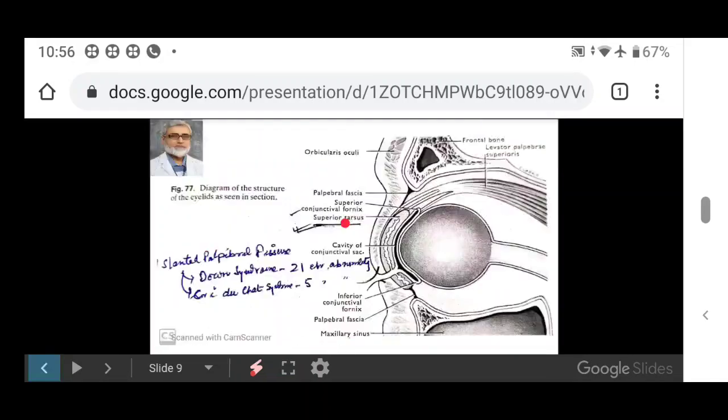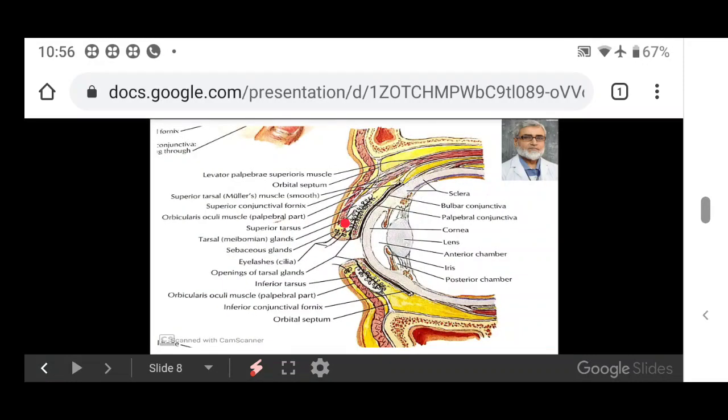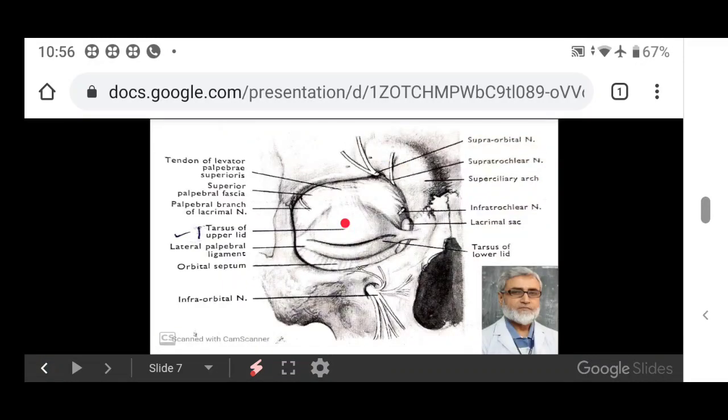Just see the picture again, I will show you this picture. The superior tarsus is much larger, where the inferior tarsus is a narrow strip attached to the inferior orbital margin by palpebral fascia. Important question. Very simple, layer by layer, all thin layers.